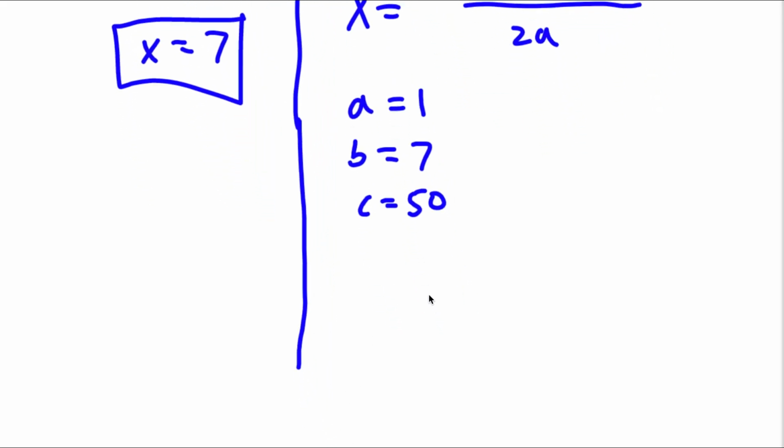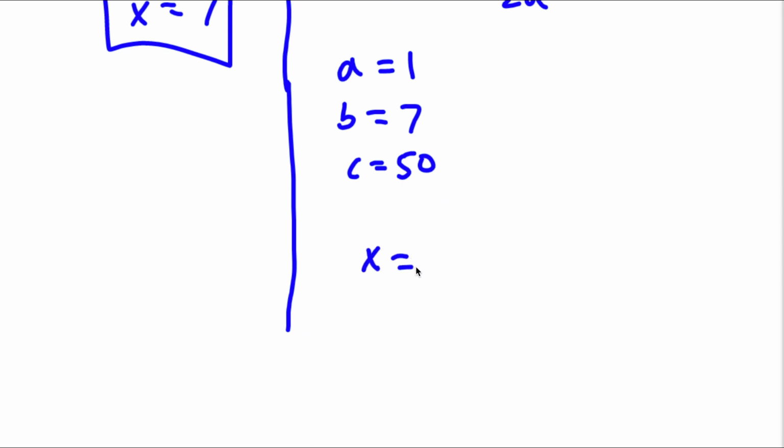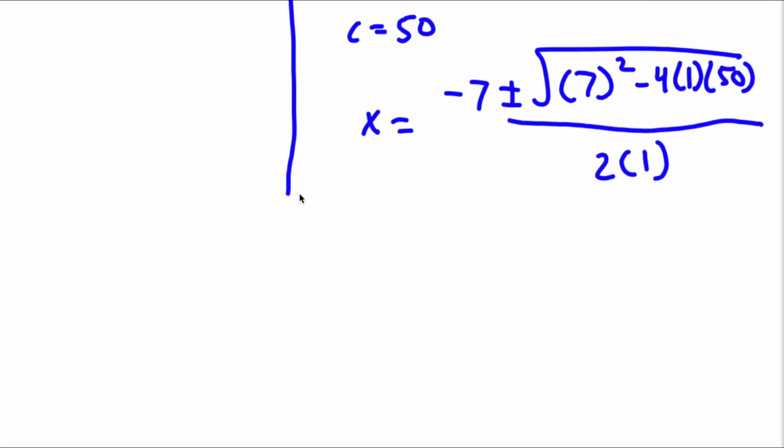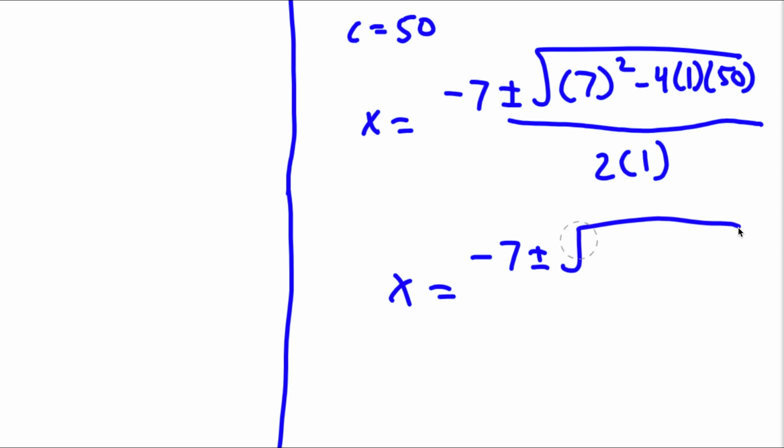So now I have x is equal to negative 7 plus or minus the square root of 7 squared minus 4 times 1 times 50, and I'm dividing this by 2a, so 2 times 1. Now I have negative 7 plus or minus the square root of 7 squared is 49, so 49 minus 4 times 50 is 200, over 2 times 1 is 2.